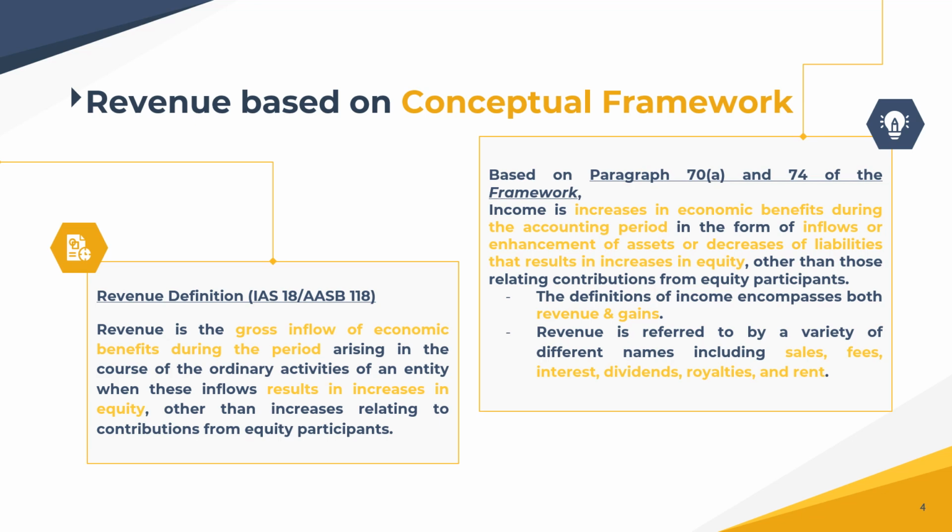And based on paragraph 70A and 74 of the framework, income is increases in economic benefits during the accounting period in the form of inflows or enhancement of assets or decreases of liabilities that results in increases in equity. This definition of income encompasses both revenue and gains, and revenue is referred to by a variety of different names, including sales, fee, interest, dividends, royalties, and rent.